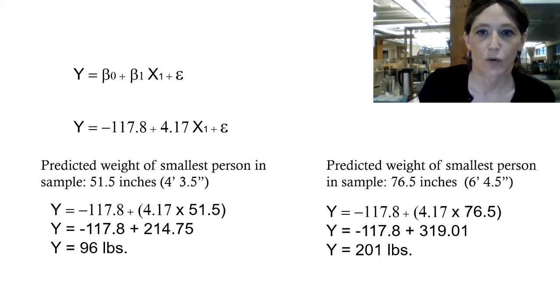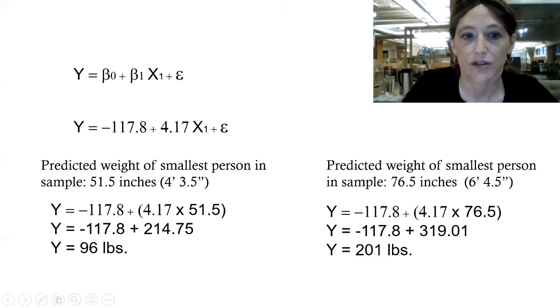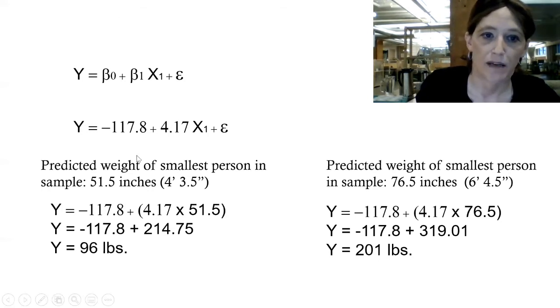So we should never go beyond our actual observed data. The weight of the shortest person in our data set would be predicted based on this equation to be minus 117.8 pounds plus our coefficient of 4.17 times their height in inches.